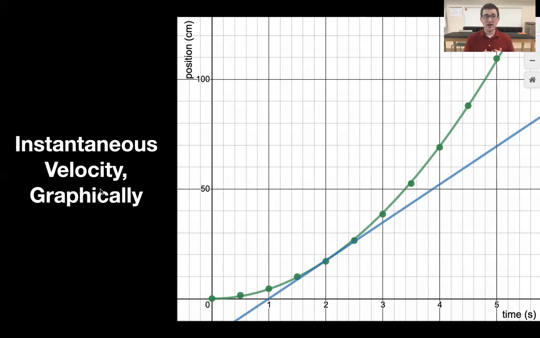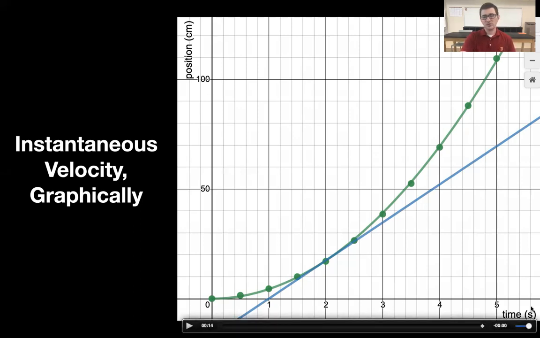A much quicker and more accurate way to do it is using calculus, which I am so excited to teach you in next lesson or the lesson after that. But before I dive straight into the calculus, I wanted to make sure that you understood the basic premise of using the slope of the tangent line to find the instantaneous velocity, which is the instantaneous rate of change in position with respect to time.